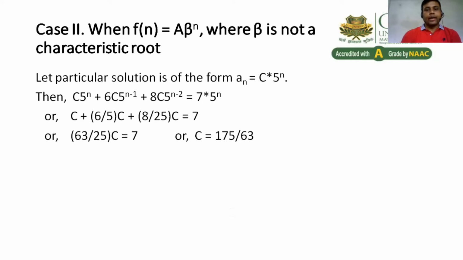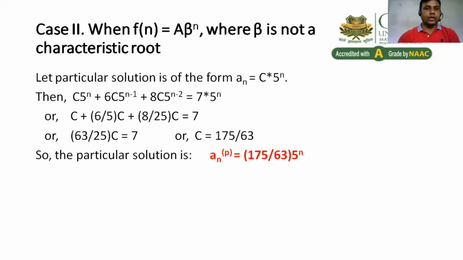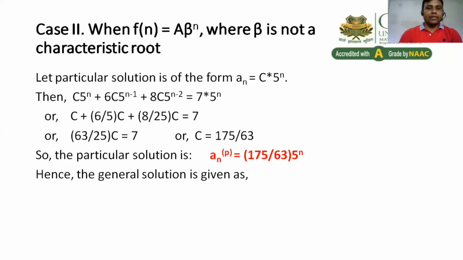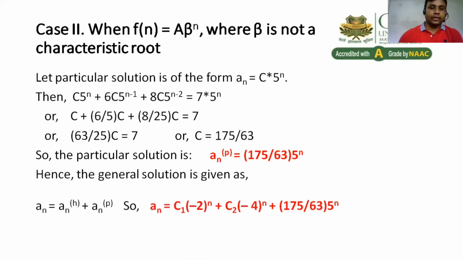Now, after getting the value of c, we can place it into the assumed particular solution, and this particular solution can be written as 175 upon 63 multiplied by 5 to power n. As you know, the general solution is given as the sum of the homogeneous solution and the particular solution.